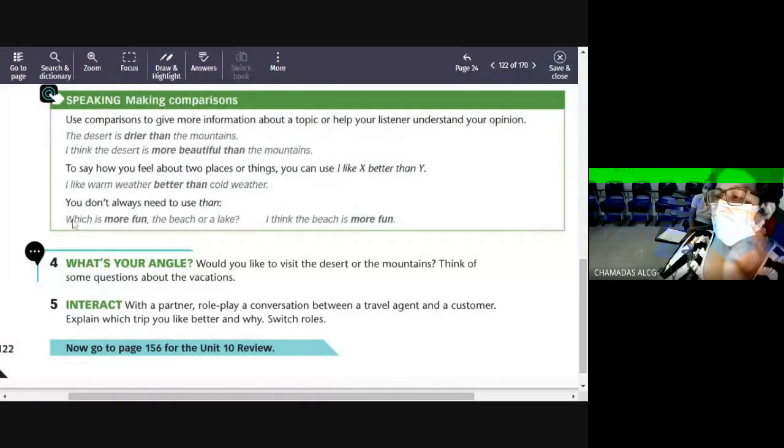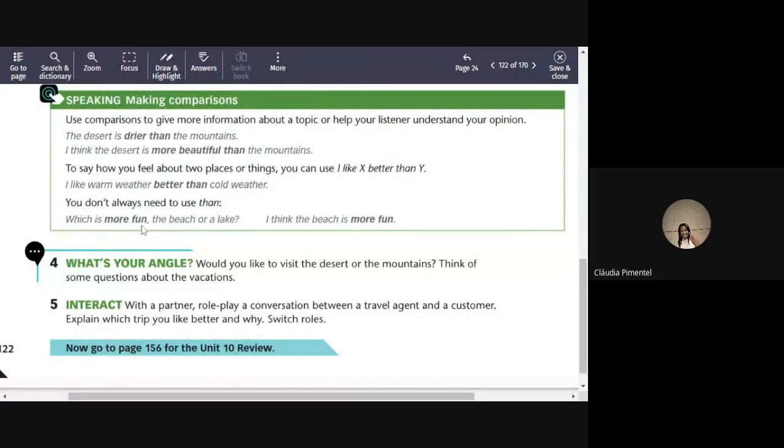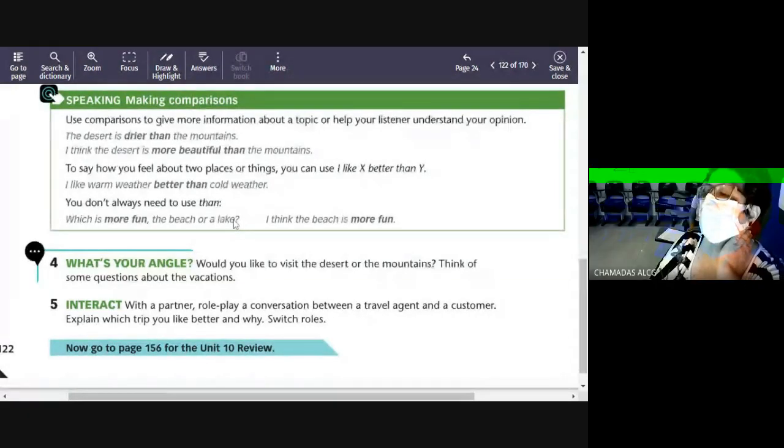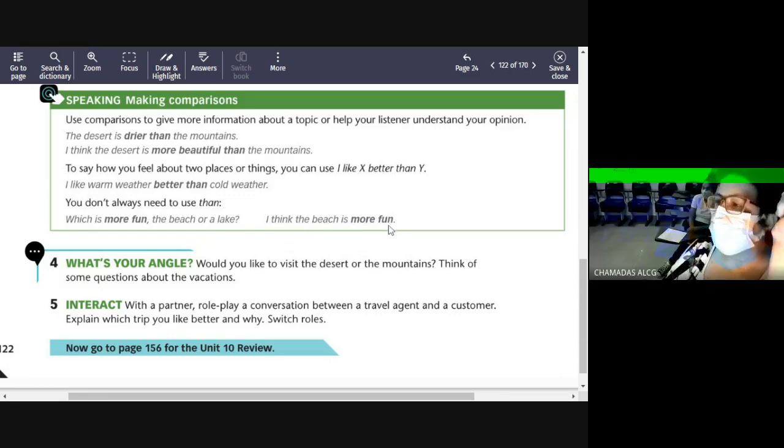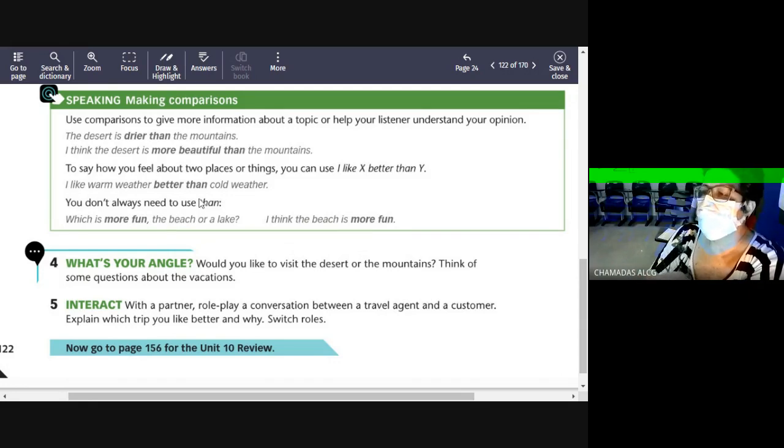Which is more fun, the beach or the lake? A lake, okay. I think the beach is more fun. Okay, thank you. So here, we didn't use the word than, okay?